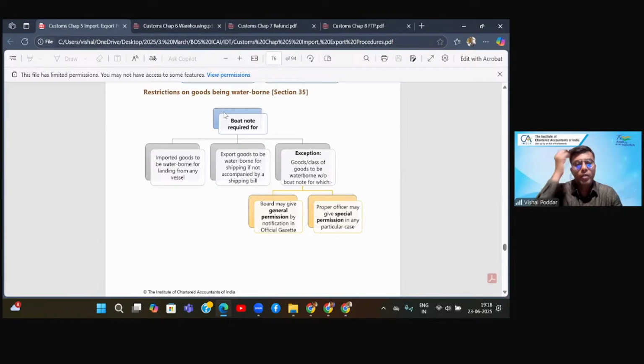Next is a very interesting point called the boat note regulations. Boat note regulations are a separate set of regulations which are applicable whenever the goods have to be carried in water, which is called waterborne. This provision applies whenever, let us say, your goods have come in a huge vessel, and the port is such that near the port the depth of the water is not much.